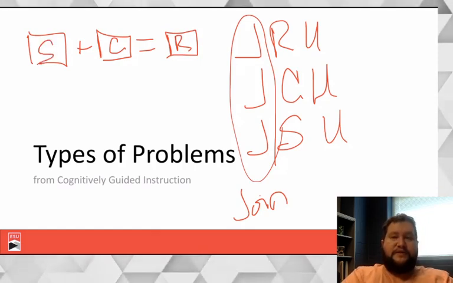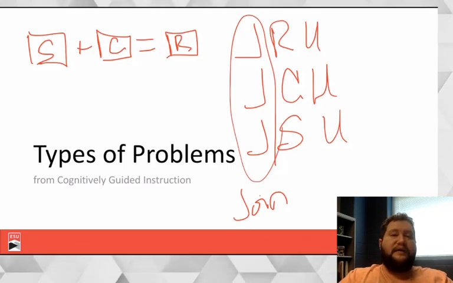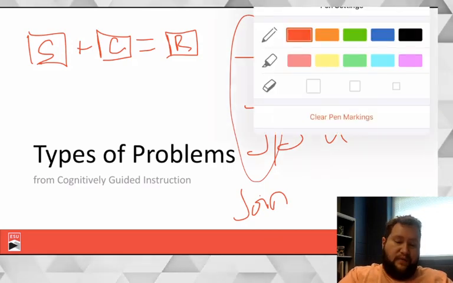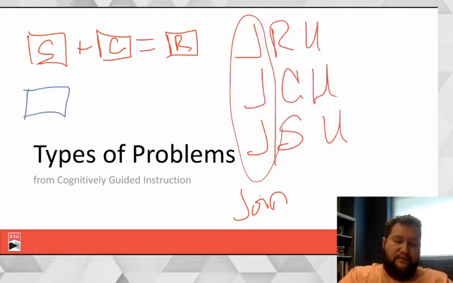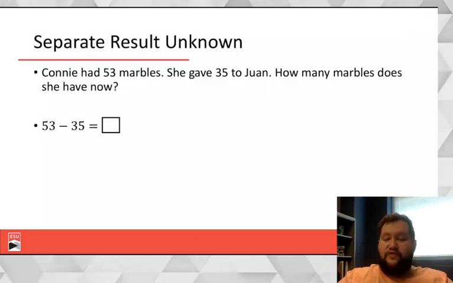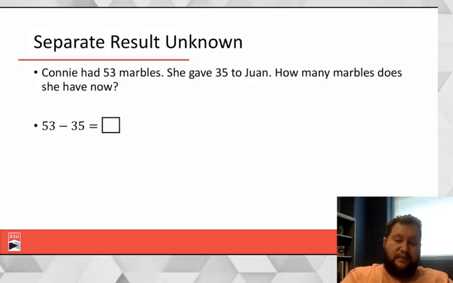We took turns with each of those missing. Really, we're going to have the same three structures for subtraction, except now, instead of a join, we talk about separating.